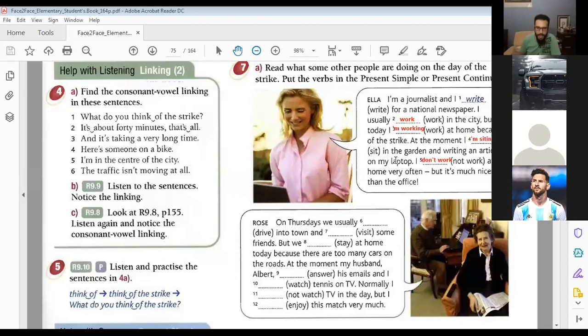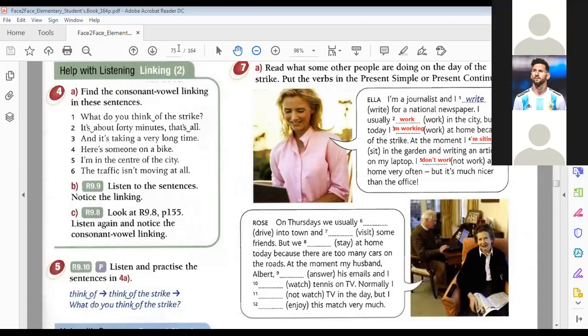Okay, now let's go to Rose. Okay, Rashid, you can start. You can do number 6, 7, and 8. On Thursday, we usually drive into town. Okay, and so continue.